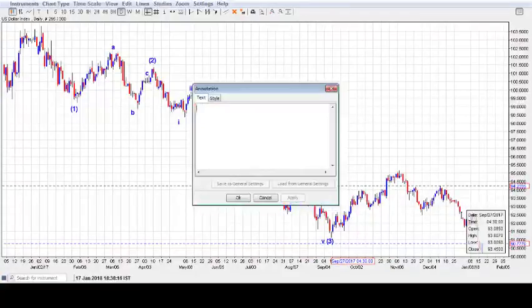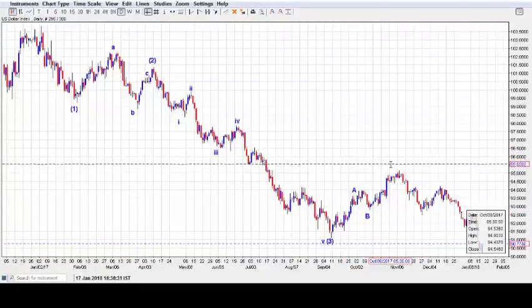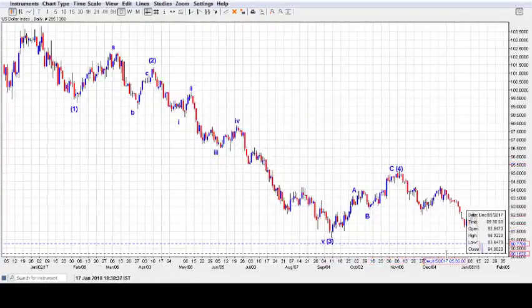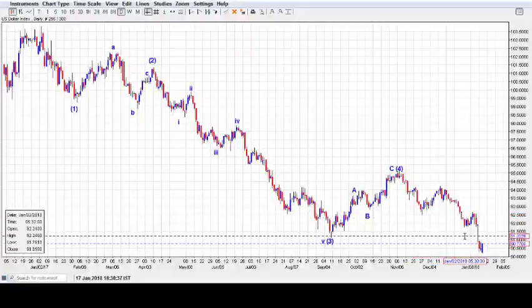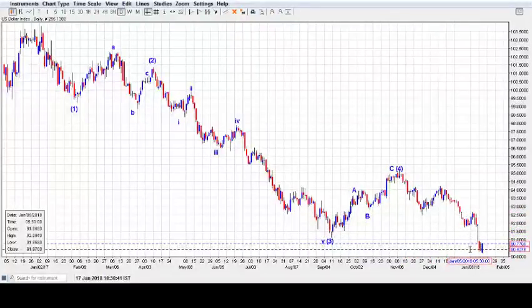followed by, let's change the degree, capital A, capital B and capital C. Wave 4. And again the same question now: should I simply plot this?